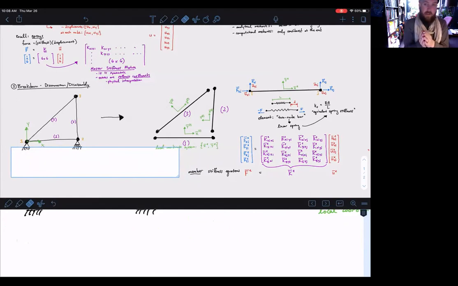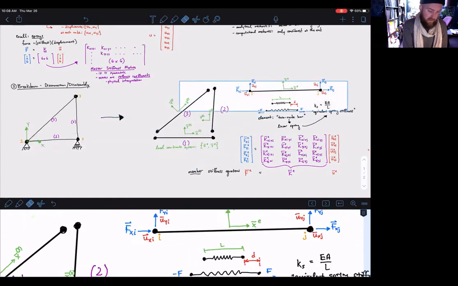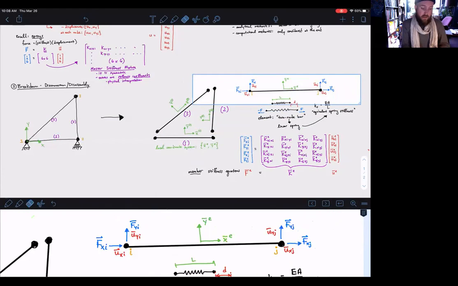A 2-node bar can only carry these axial loads, right? So we know that looking at our generic member, this structure can withstand loads from xi and xj.